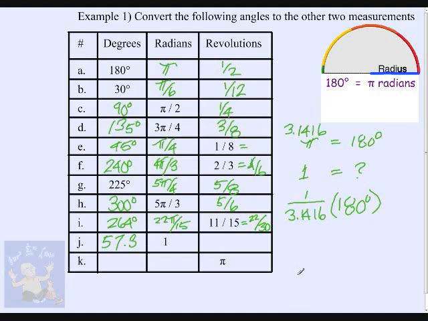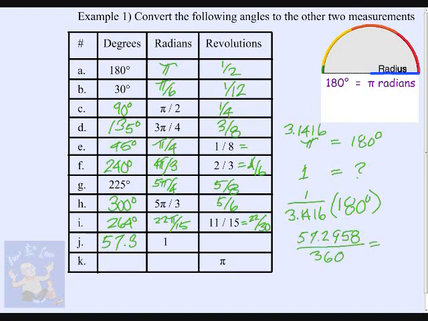This is tricky, isn't it? How many revolutions will that be? Well, it'll be 57.2958 of 360. That'll be how many revolutions it is.